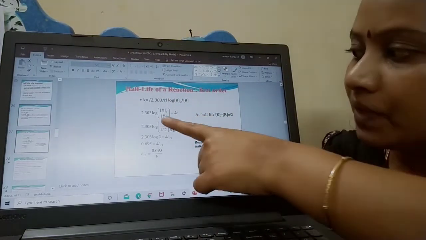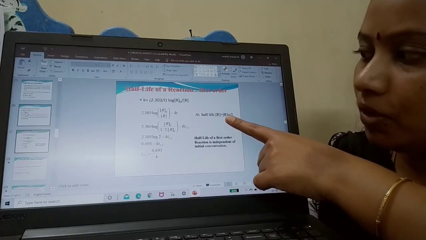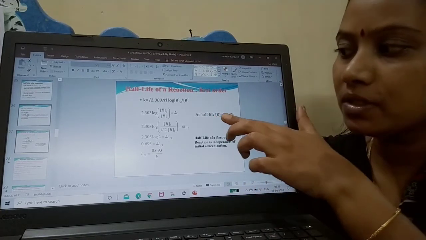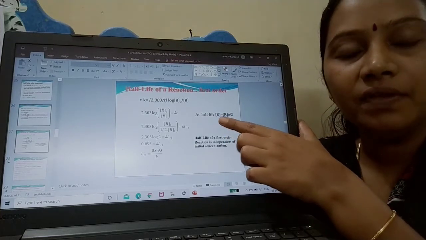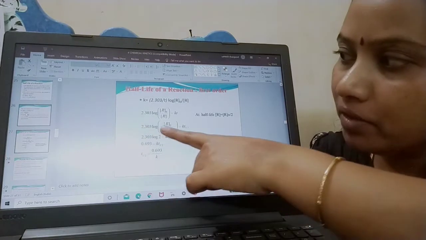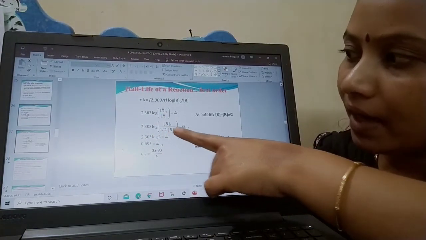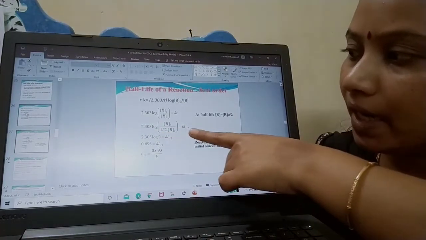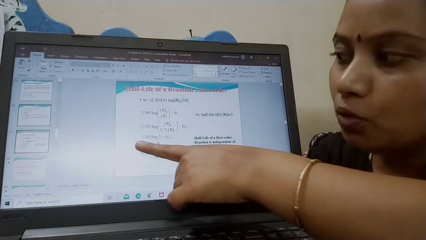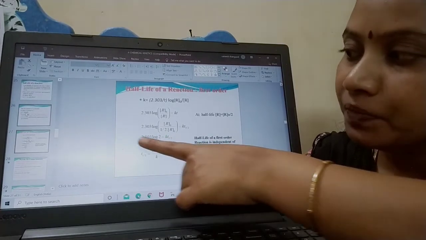At half-life, R is equal to R0 by 2. Now I am going to substitute R with R0 by 2. So 2.303 log R0 by 1 by 2 R0 is equal to Kt half. So 2.303 log 2 is equal to Kt half.